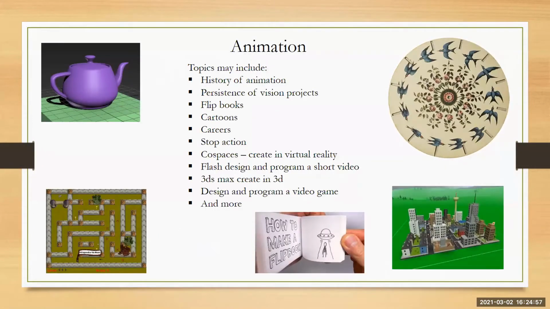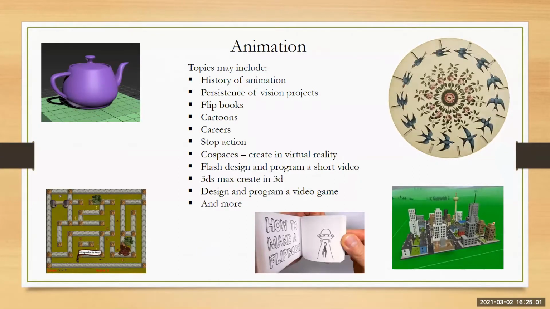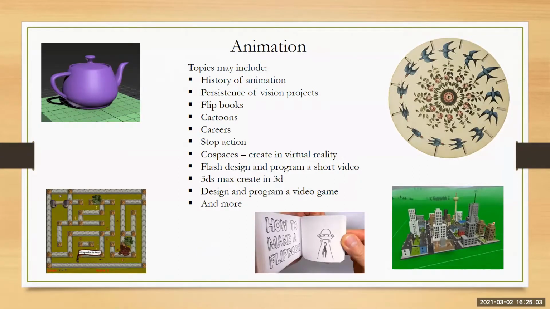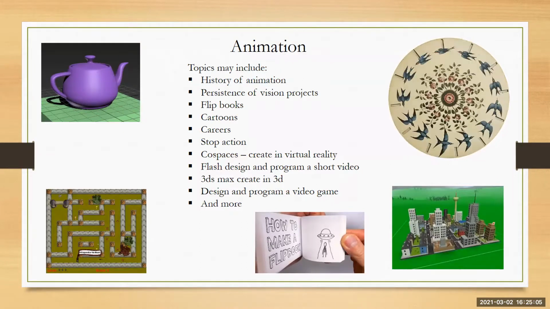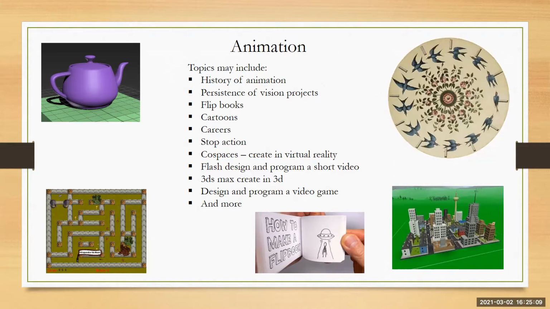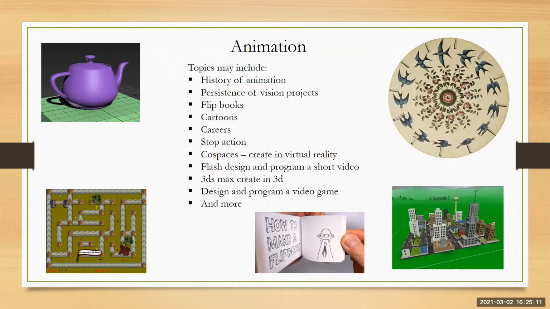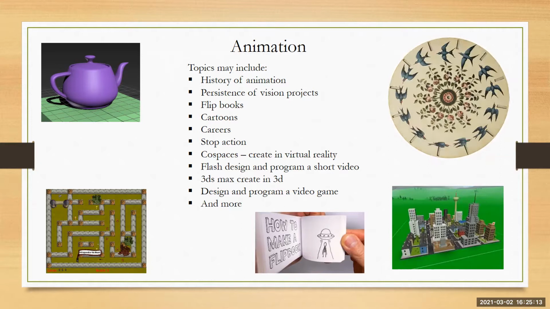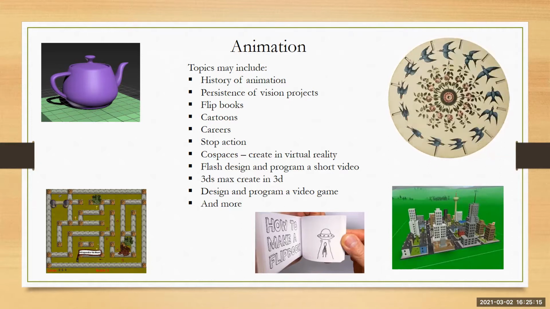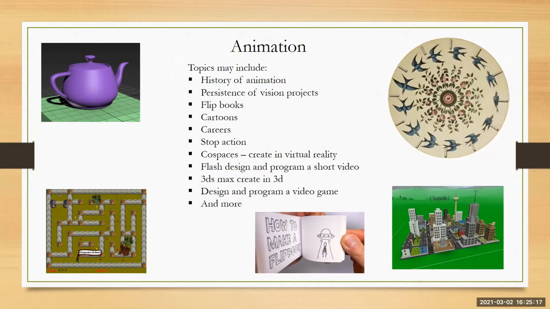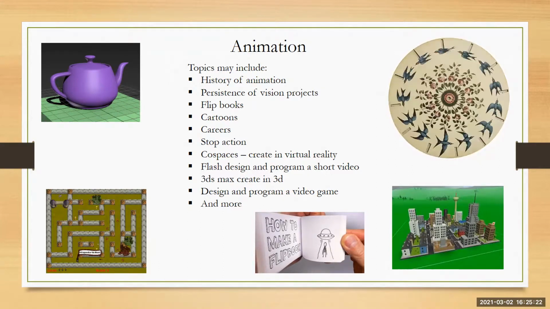In animation class, we have a lot of different topics also. Some of the topics may include the history of animation, different persistence of vision projects, such as the phenakistoscope that you see over there on the right-hand side, flip books, cartoons, careers, some stop action. So just a variety of things that we'll cover in that class, and just kind of touch on a lot of things.